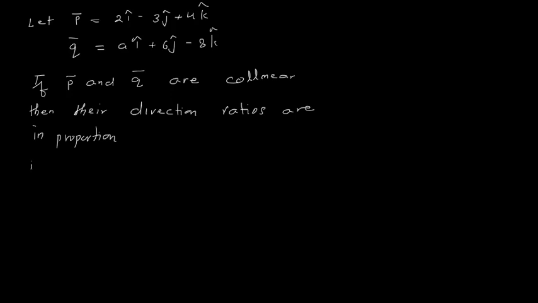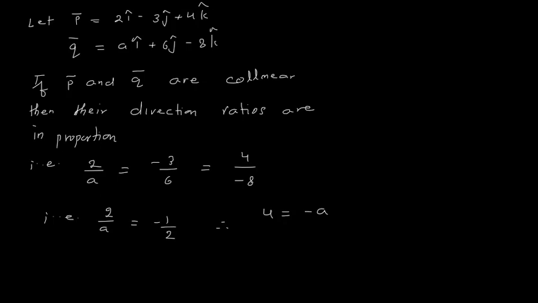That is, 2 upon A is equal to minus 3 upon 6 is equal to 4 upon minus 8. So we can say that 2 upon A is equal to minus 1 upon 2. Therefore, this will give us 4 is equal to minus A, and A is equal to minus 4.